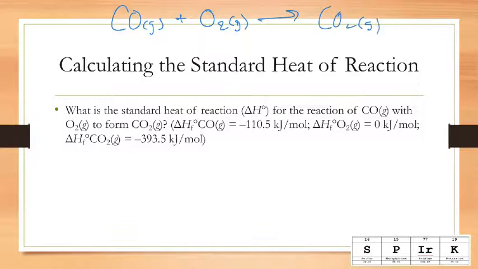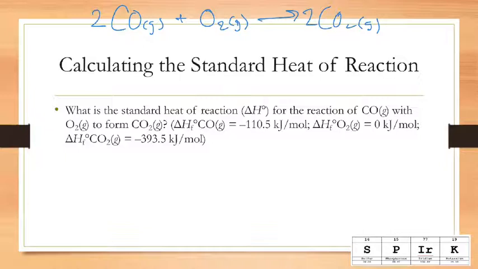And we need to balance our equation. We can balance this equation by placing a 2 in front of carbon monoxide and a 2 in front of carbon dioxide. And so now we just need to determine the standard heats of formation for our products and for our reactants.